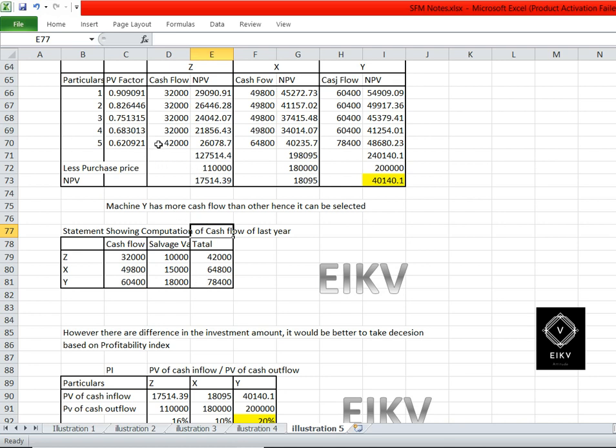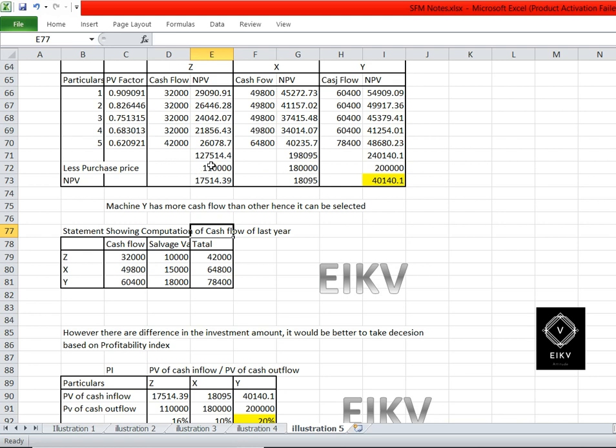After taking those amounts for the fifth year, we need to multiply them with the PV factor and take the summation for each machine. The summation will be 1,27,514, 1,98,095 and 2,40,140 for machine Y. After totaling that, we need to deduct the purchase price of each machine.